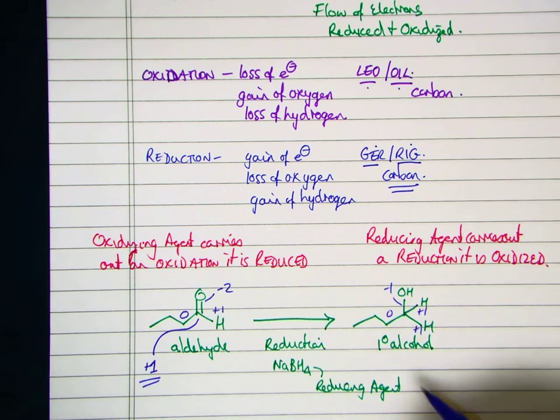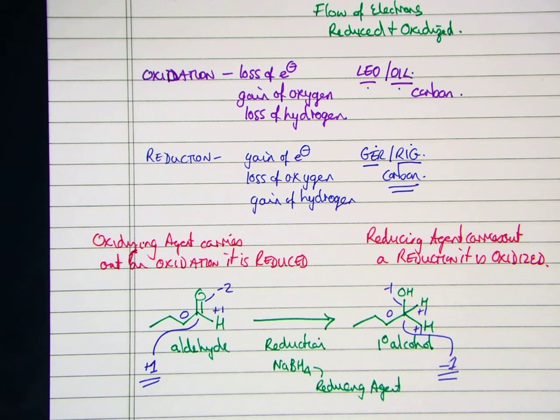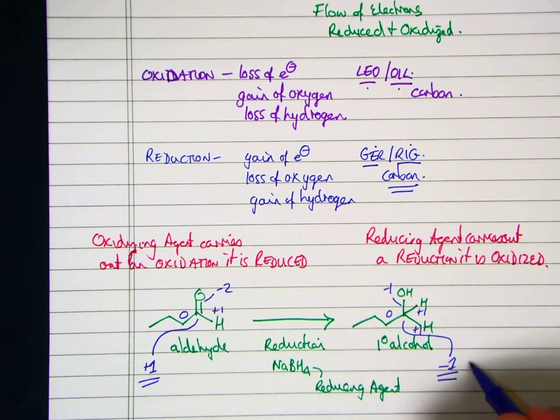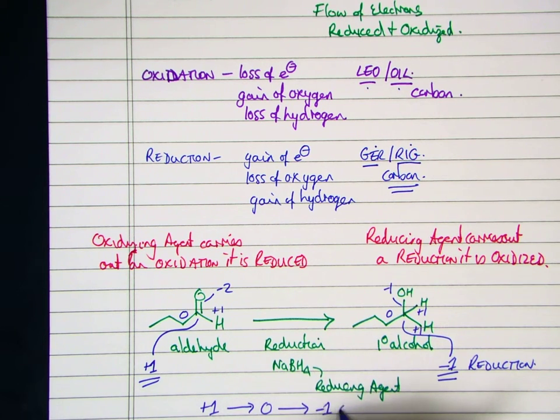So the overall charge here is -1. So as we saw earlier, if we move to more negative, this is a reduction. Because we've gone from +1 through to 0 through to -1, we have gained electrons, and this is a reduction.